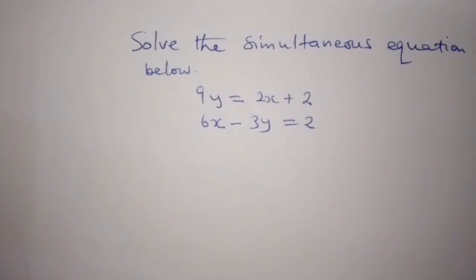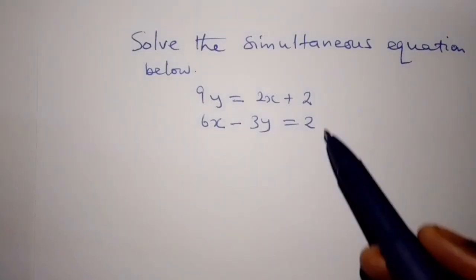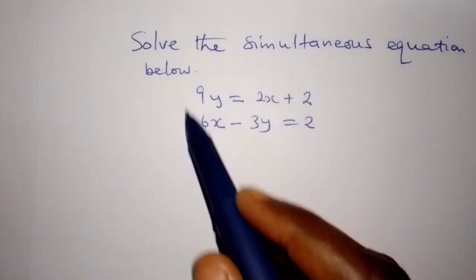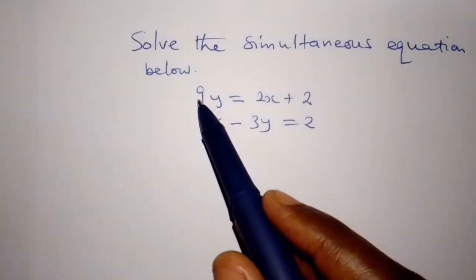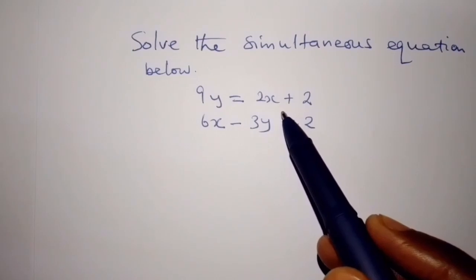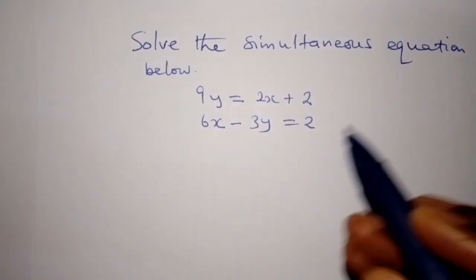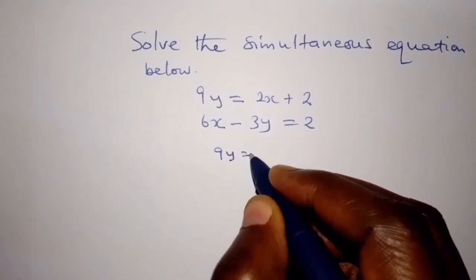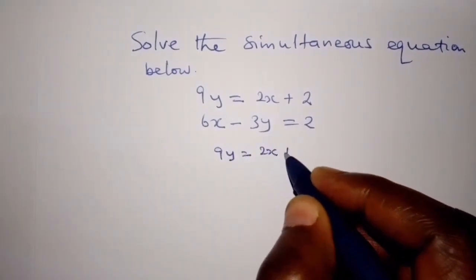Then we are going to use the elimination method to solve these equations. So we rearrange 9y is equal to 2x plus 2.